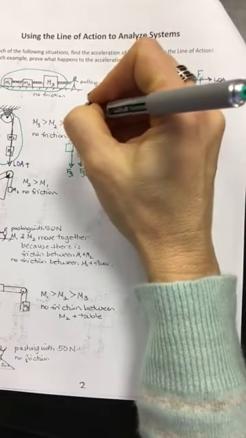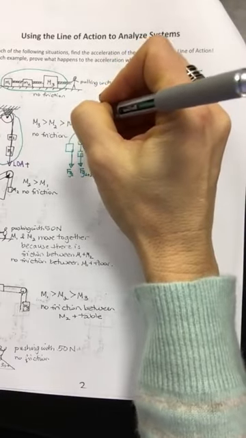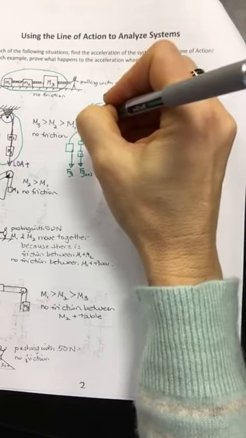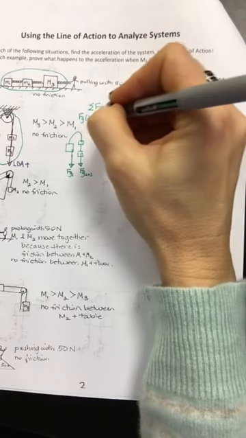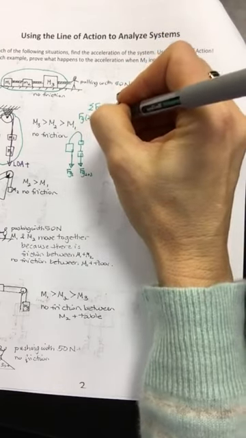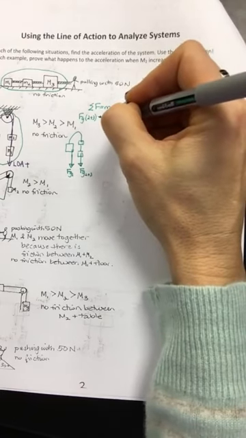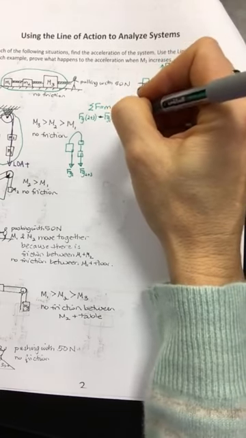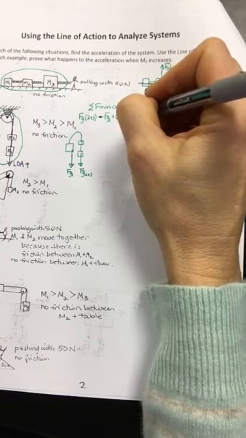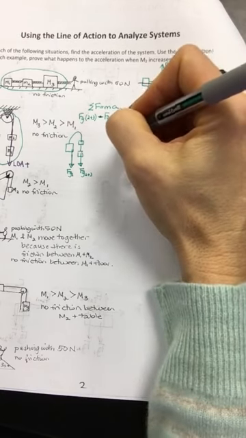So you'd have FG2 plus 3, and on the minus, right, this is opposing FG of 1. The total system mass is all of them, M1 plus M2 plus M3 times the acceleration.